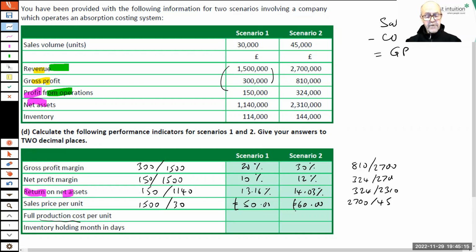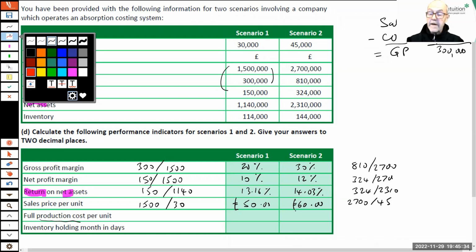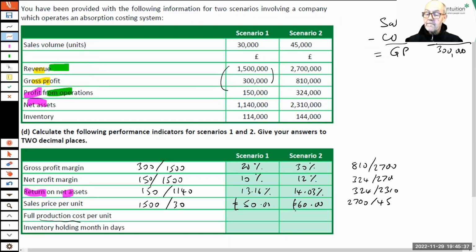So although we're not given our cost of production, if we know that our sales value is that and our gross profit is that, the only figure that will fit to make that work is that. So 1200 over 30. So that's a nice round £40.